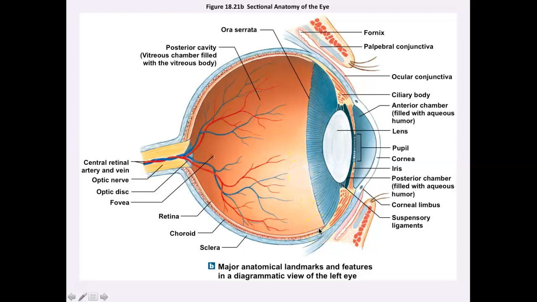All right, so in animals, and you'll watch a dissection of a cow eye, this is something that you would want to know. At the back of the cow eye, the choroid has a very shiny layer called the tapetum lucidum. And we don't have that as humans.